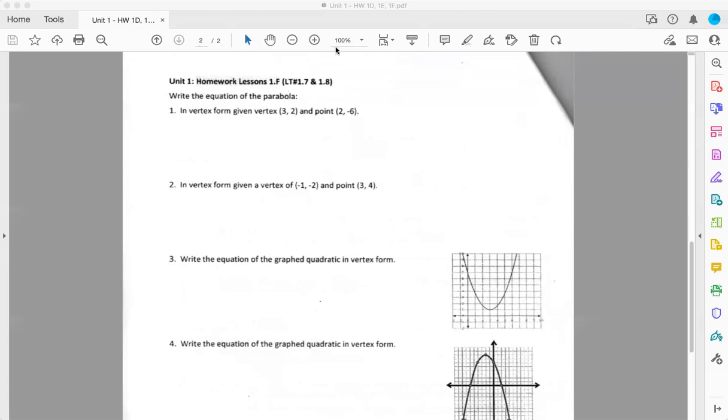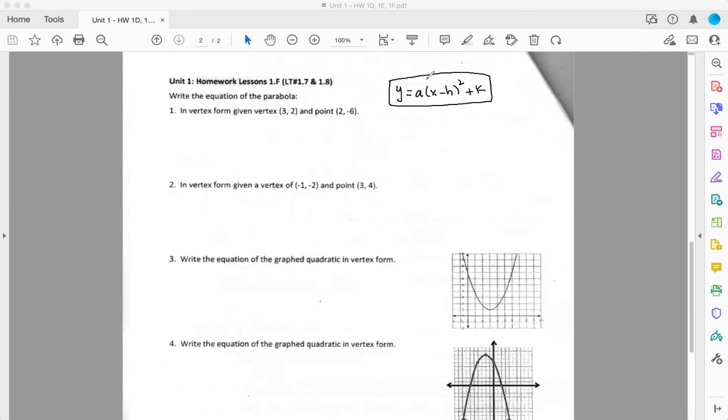Now, if you recall, and I want to really focus on this, you are expected on the quiz to know this equation, y equals, or we can call it f of x, it's up to you. It's the same thing: a multiplied by quantity x minus h squared plus k. This is the vertex form of the equation of a quadratic. You are expected to know it.